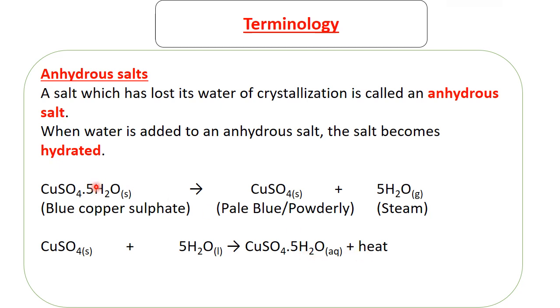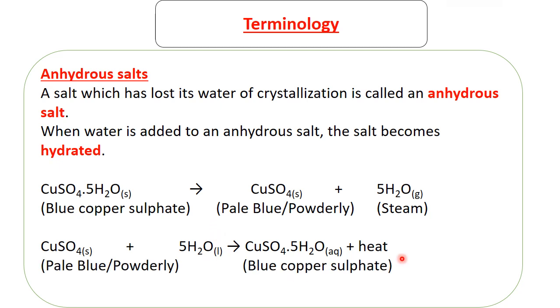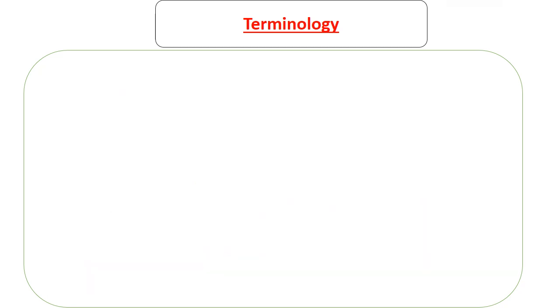Remember, for this, heat was added, but for the opposite process, heat is going to be released. And the color, of course, will change from pale blue and powdery to blue copper 2 sulphate crystals. This process of adding water is called hydration.